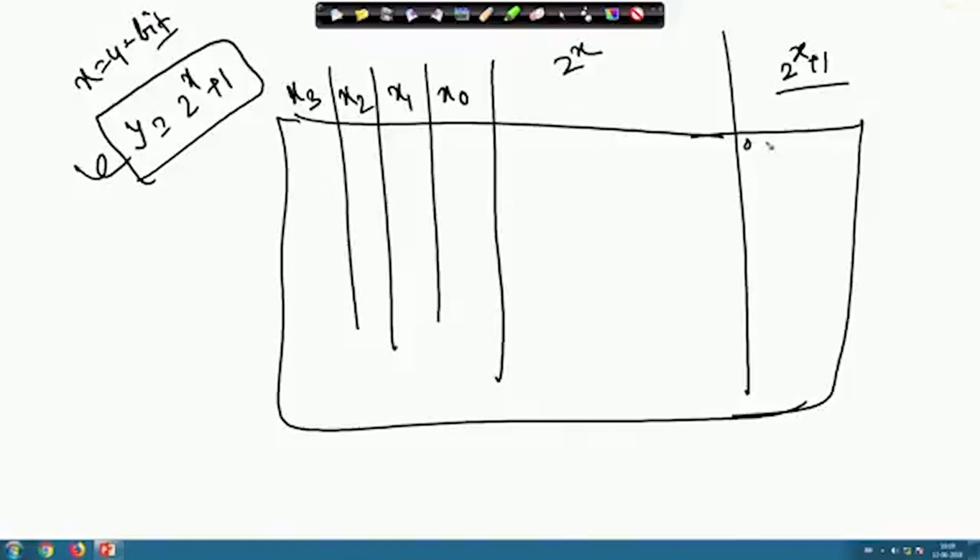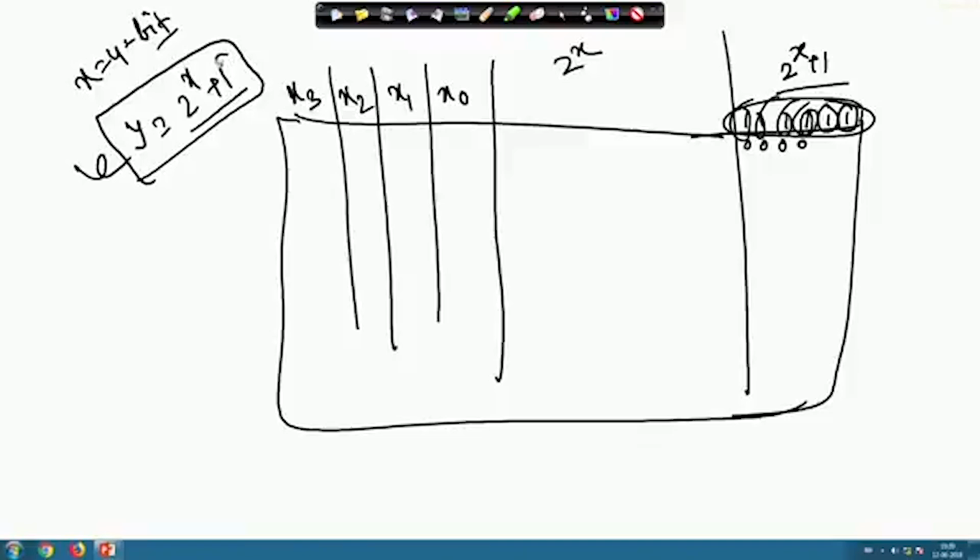we found out the logical expression for each of these bit positions. After finding this logical expression for each of these bits, we mapped that logical expression into architecture. Whenever we designed this 2 to the power x plus 1, we saw that there is only change in two particular positions, the rest of the positions remain the same.